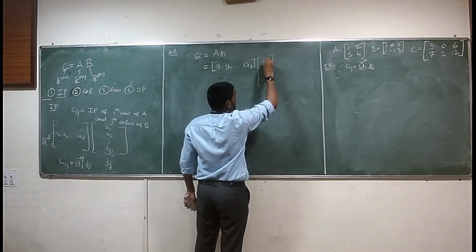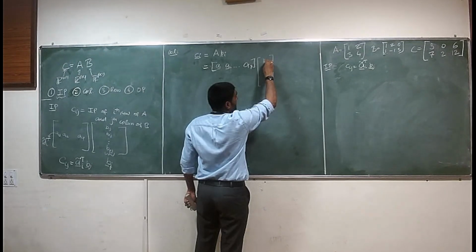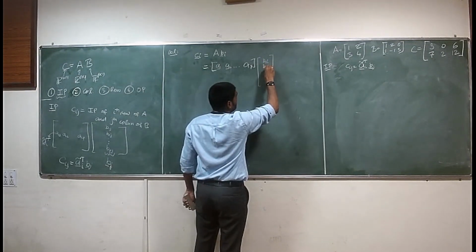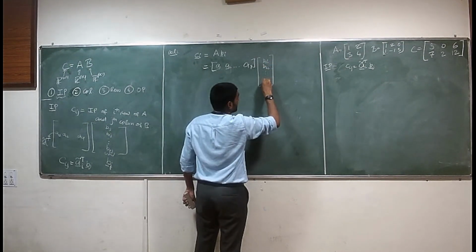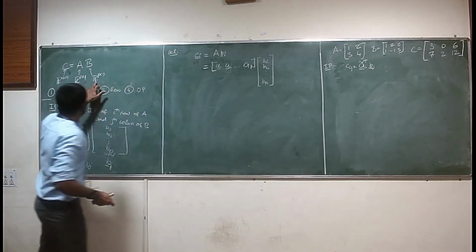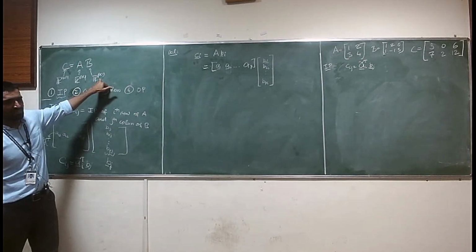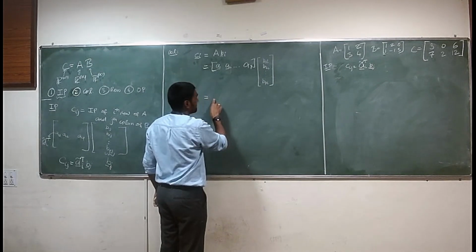It's the ith column, so it will be b1i, b2i, and how many do I have? bpi. Because B is p cross n, there are p rows in B. So what will this be?